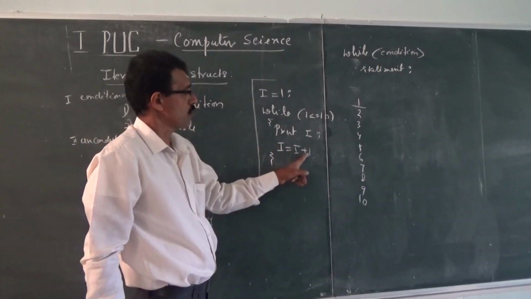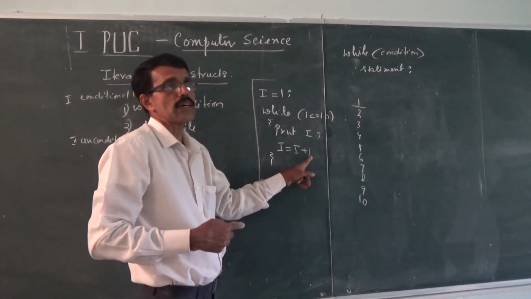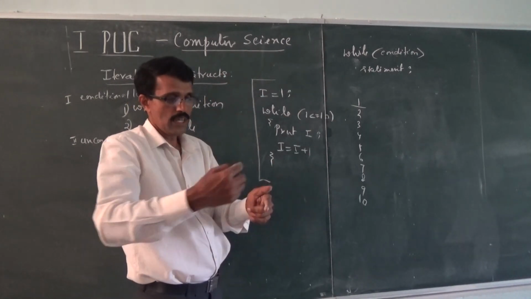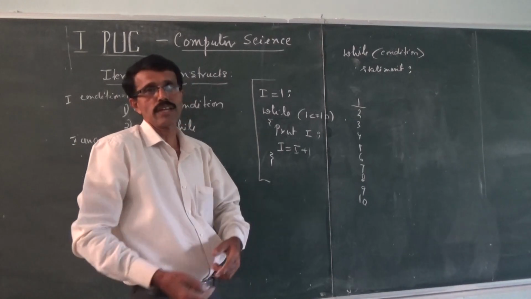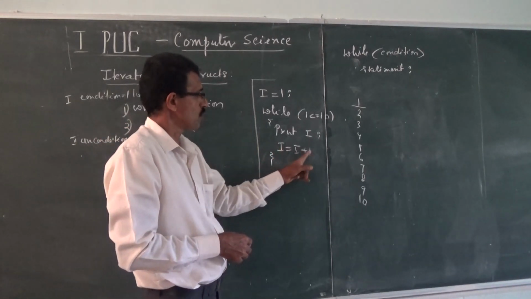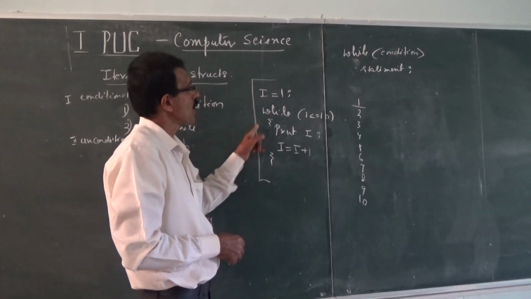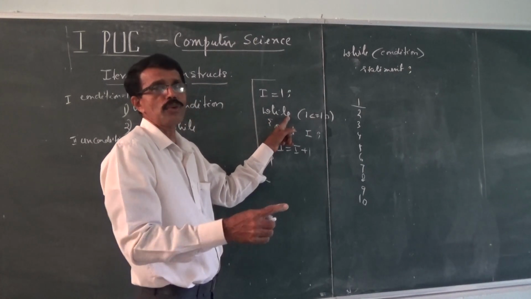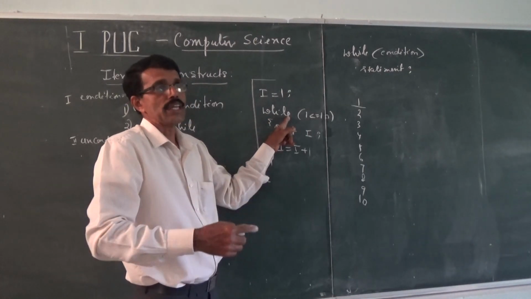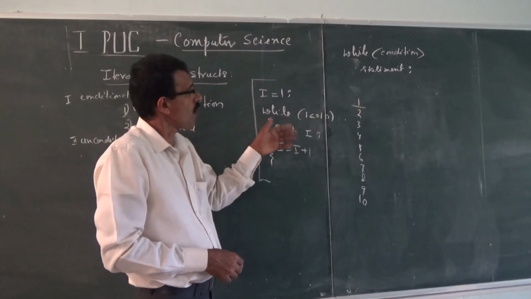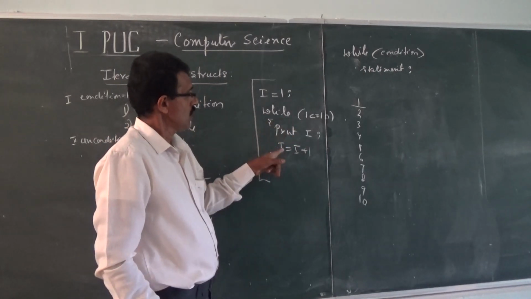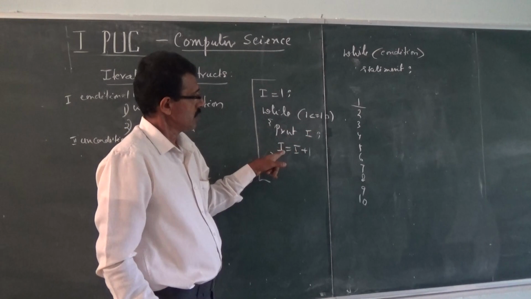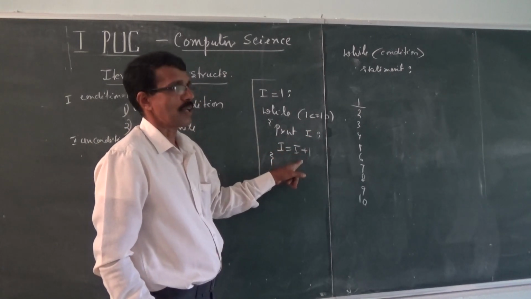I is equal to I plus 1, in order to reach the next value, that is 2. So we have to assign that, I is equal to I plus 1. Once again it goes back to the same loop, automatically, without needing a rewrite statement. So I is raised by 1, that means it becomes 2.